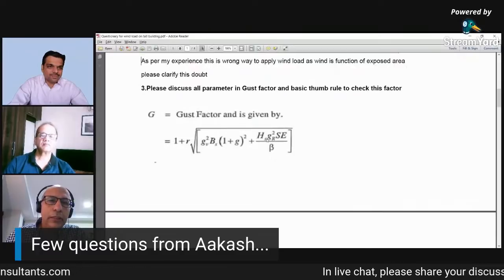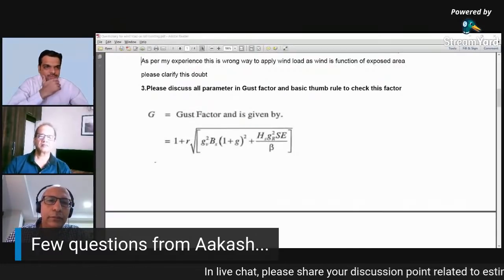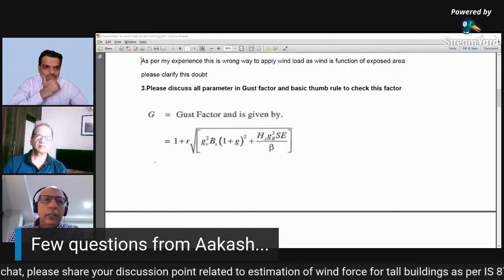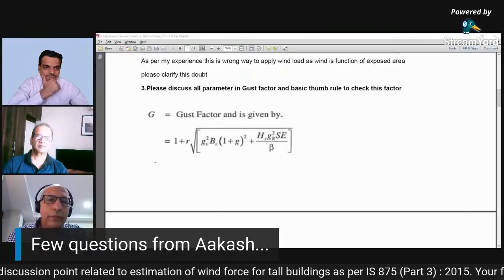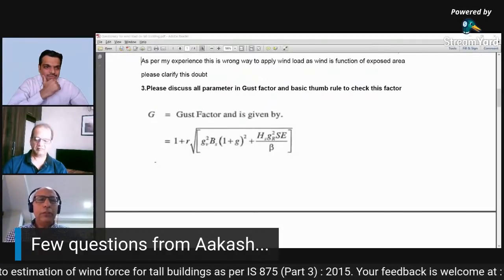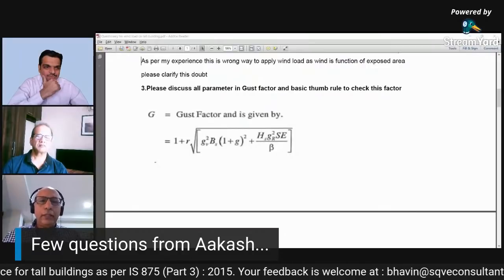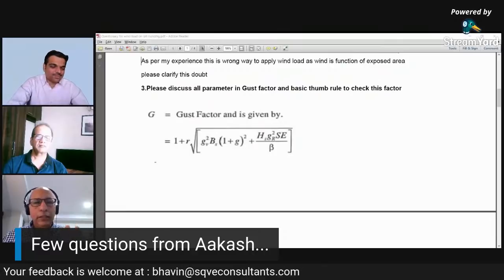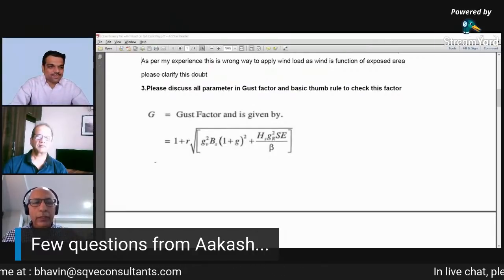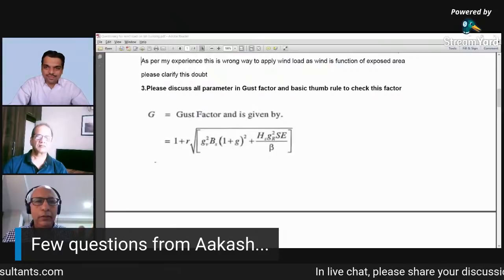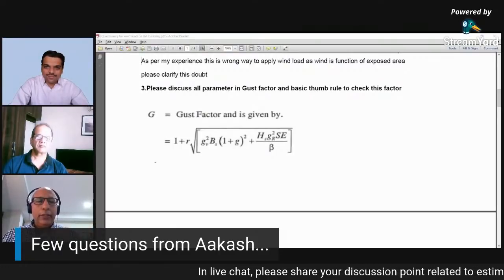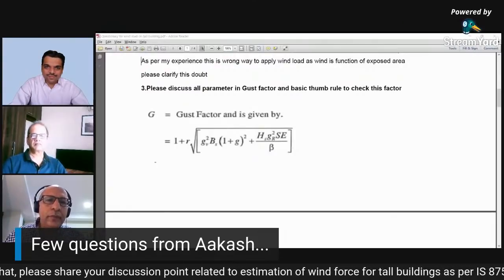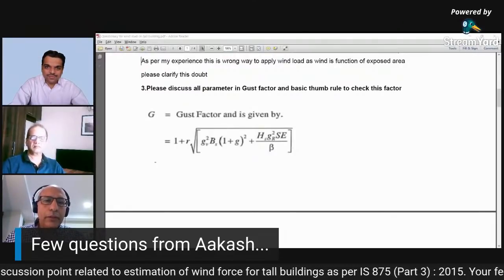The next part is the resonant response. What is the difference between the background and the resonant? The background response is the same effect that any building sees, whether it's low rise, medium, or high rise. It's the dynamic action of the wind on the building envelope, the dynamic action from the wind on the surface.